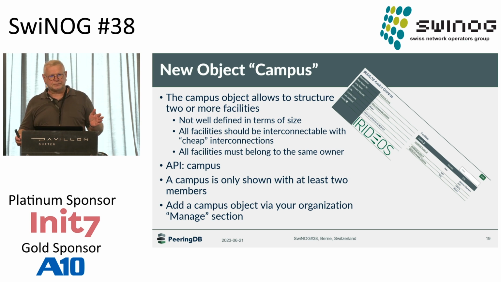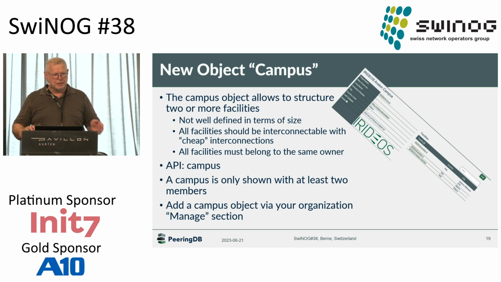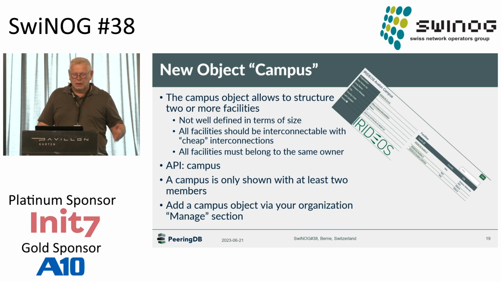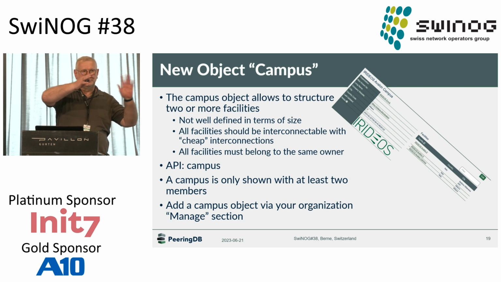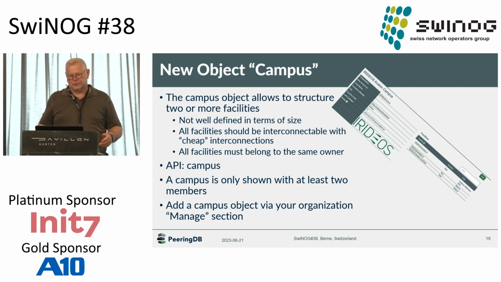You want to show on one page where all the networks in this facility are, because it doesn't matter whether they are in Zurich 1 or Zurich 3, you can easily get a PNI in between. Now there is a campus object. You say this is my campus Zurich, and facilities Zurich 1, Zurich 2, and Zurich 3 belong to it. Then you will see from the campus object which networks and which internet exchanges are there.